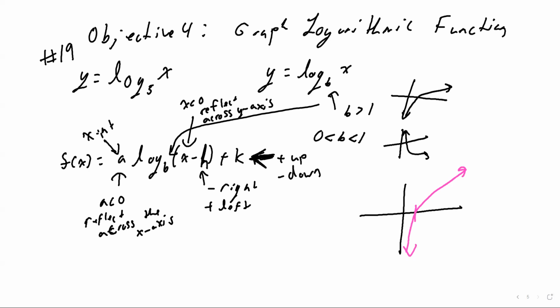That's a good question. Can b be 1? If b is 1, then that would be the base. Oh no, it can't. If the b is 1 as a logarithm, it'll just be a constant number.